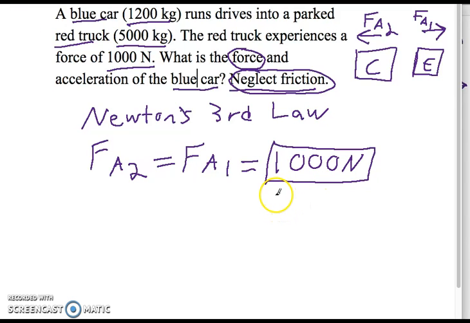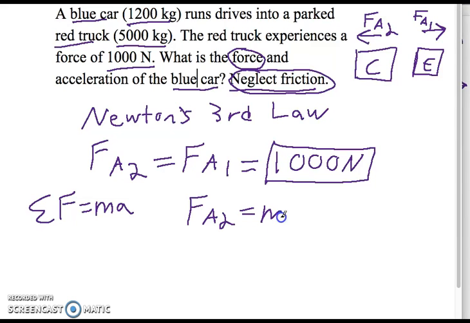The next thing is we need the acceleration of the blue car. If we remember, the net force is equal to the mass times the acceleration. There's really only one force on that blue car, and that's the applied force 2. It equals the mass of the blue car times its acceleration.